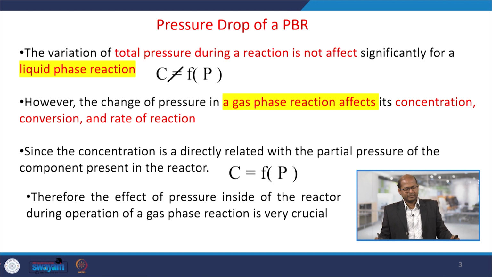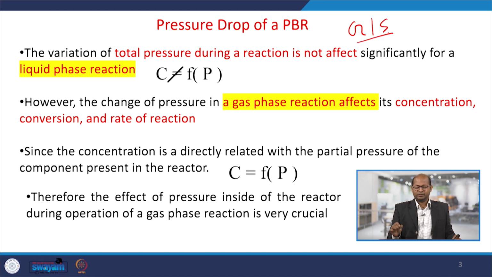Here you can see, we can study gas phase reactions, where the reactant is the gas and the catalyst is the solid, or liquid phase reactions, where the liquid is our starting material and the catalyst is the solid. This way also we can conduct the reaction.